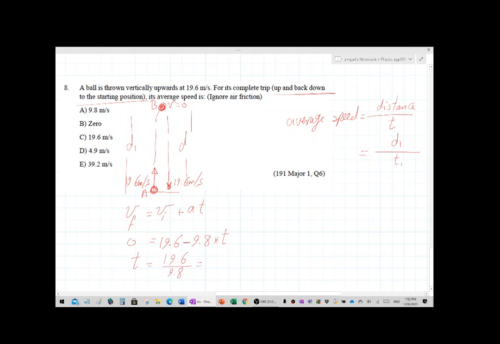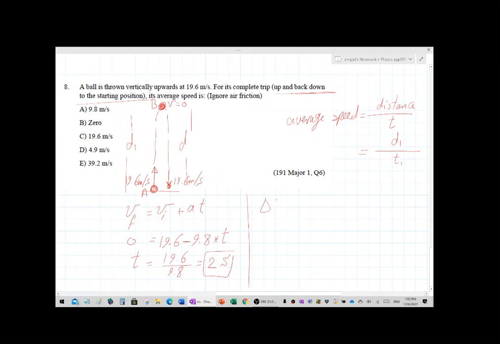That gives us 2 seconds. We need to get the distance, so we can say delta s equals v initial t plus half at square, or we can use the second or the third equation. It doesn't matter actually. Any one of them will give you the same answer.